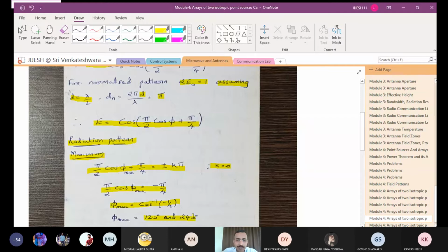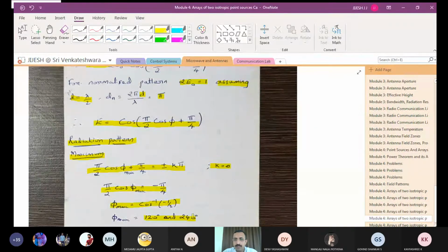So the maximum value for the radiation pattern for case 3 is available at the angles 120 and 240. So at 120 and 240 you have to draw the maximum value. When you visualize the pattern, the maximum value has to be at the angles 120 and 240.